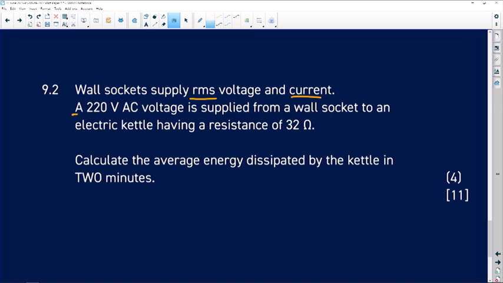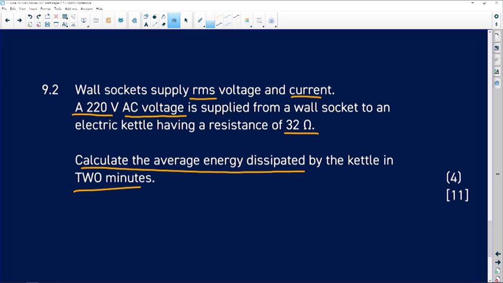We are given 220 volts AC, supplied from a wall socket to an electric kettle having a resistance of 32 ohms. We are supposed to calculate the average energy dissipated by the kettle in 2 minutes.